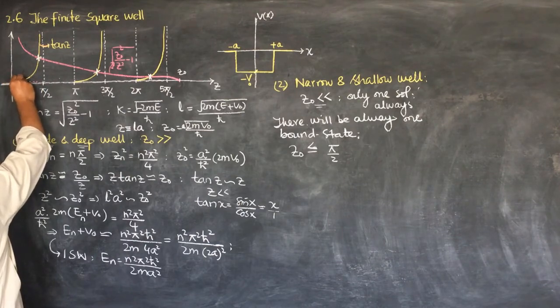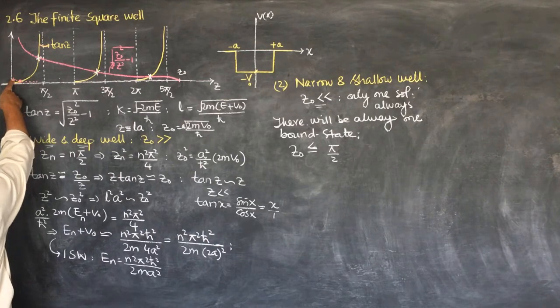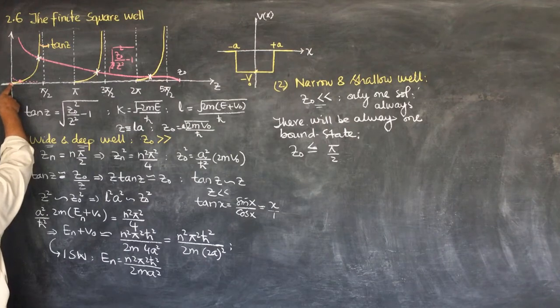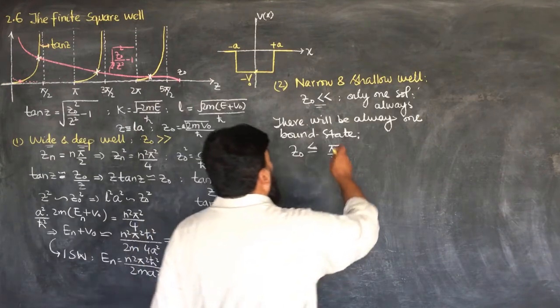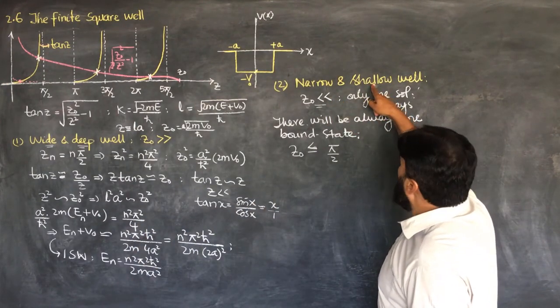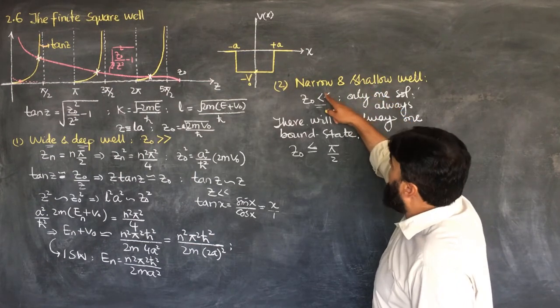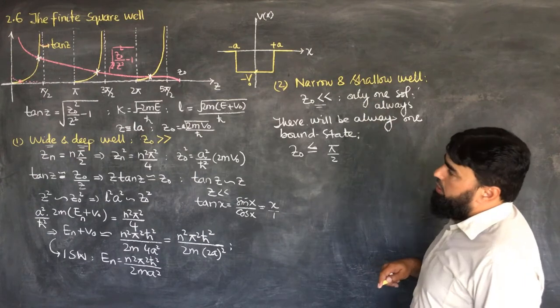We will always have one solution possible, because this line has to start above the zero value, and the tangent is touching zero here. However shallow and narrow the well is, one solution will always be possible.